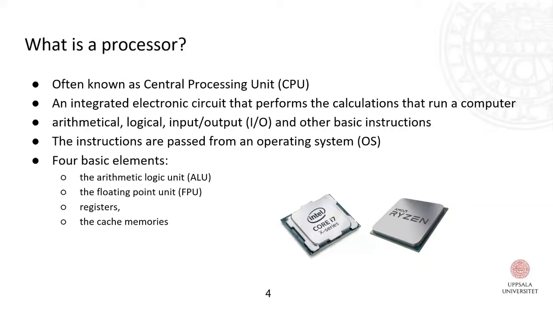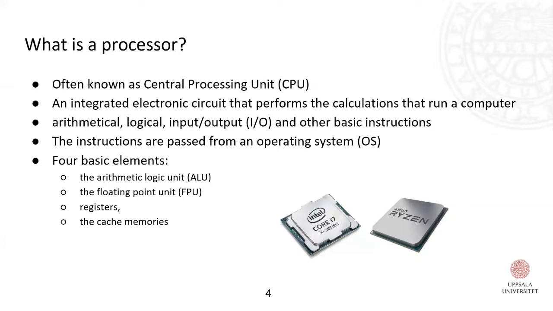So each CPU has usually 4 basic elements. One is called ALU, or arithmetic logical unit, which does, as its name suggests, the arithmetical and logical instructions and computations. And the CPU also has FPU, the floating point unit.